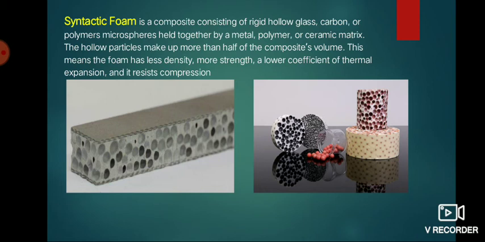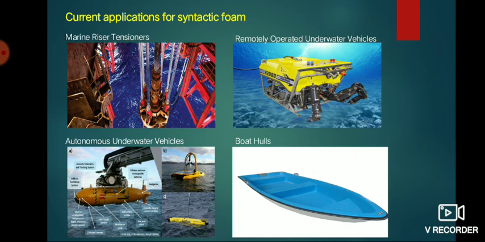This means that the foam has less density, more strength, a lower coefficient of thermal expansion, and it resists compression. Current examples for syntactic foam: marine riser tensioners, remotely operated underwater vehicles, autonomous underwater vehicles, boat hulls.